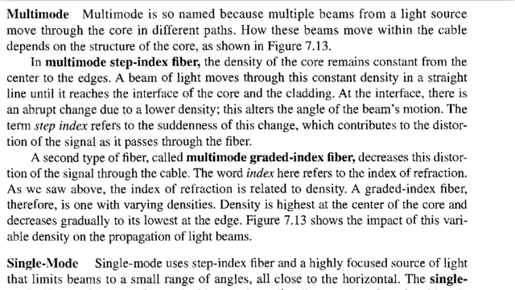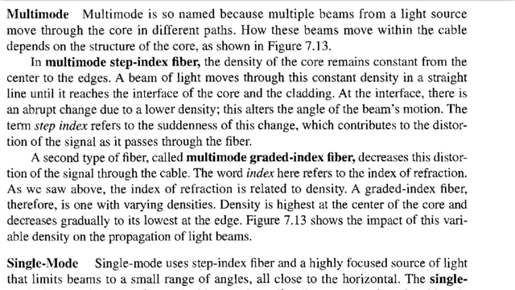A second type of fiber, called multimode graded index fiber, decreases this distortion of the signal through the cable. The word index here refers to the index of refraction. As we saw above, the index of refraction is related to density.